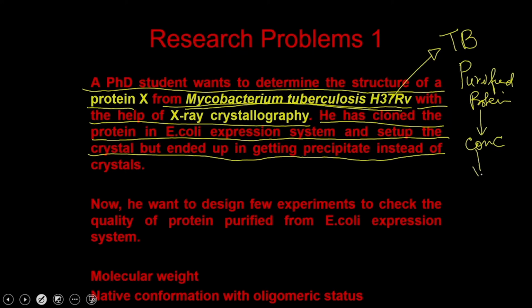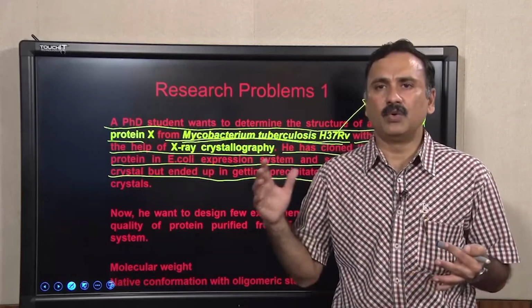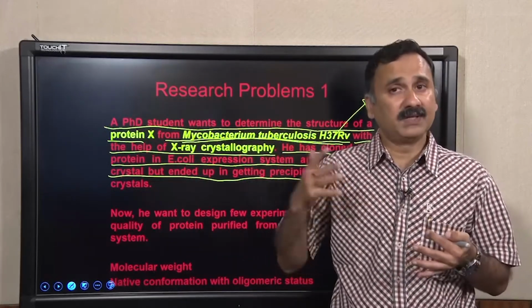Then you incubate it in different crystallization conditions, and in any of these conditions, the protein precipitates in a regulated fashion, and as a result, the protein crystallizes and gives you crystals.